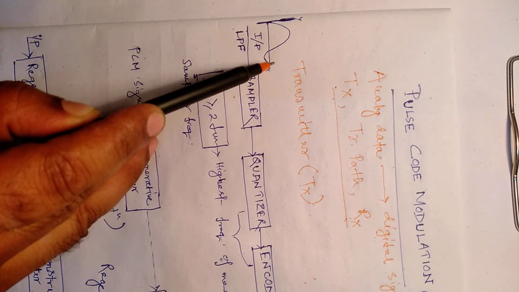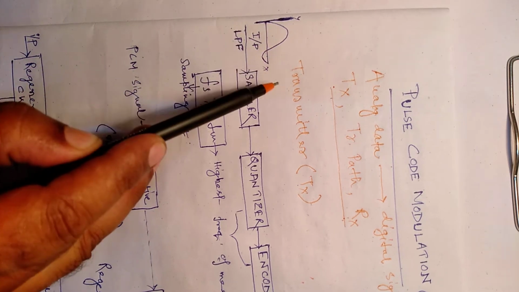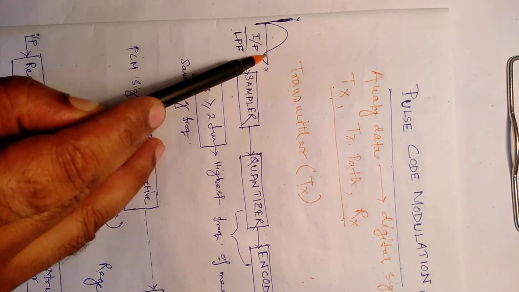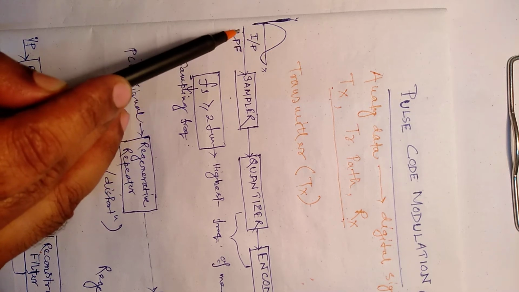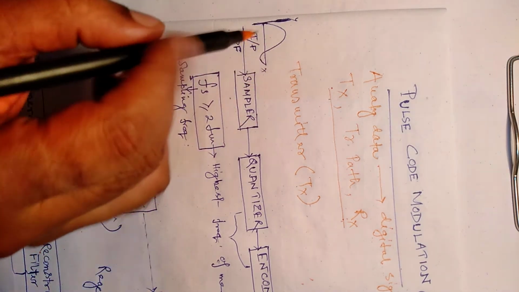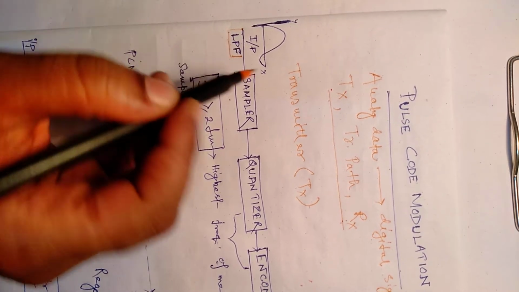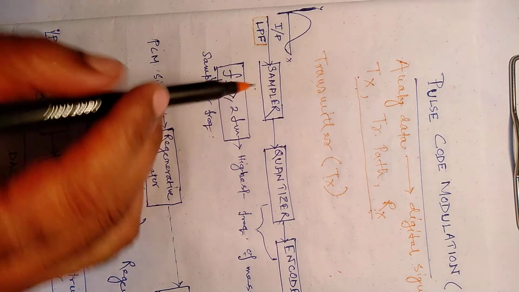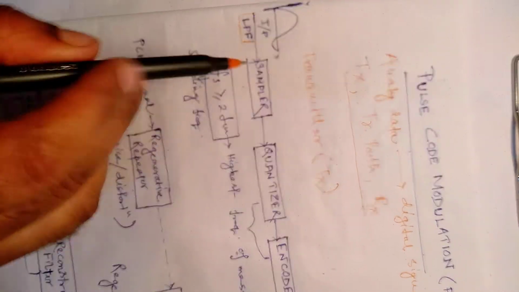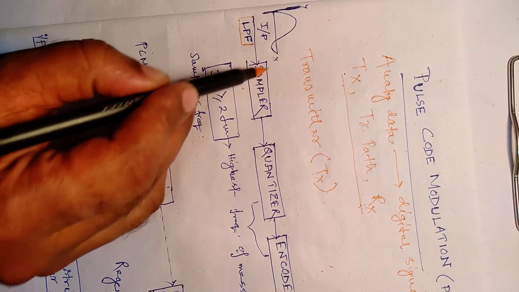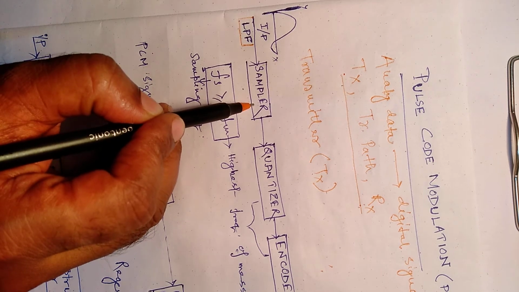That particular analog signal first goes through some low pass filter. LPF stands for what? Low pass filter. Clear? Then the output of this low pass filter passes through the part that is called sampler.